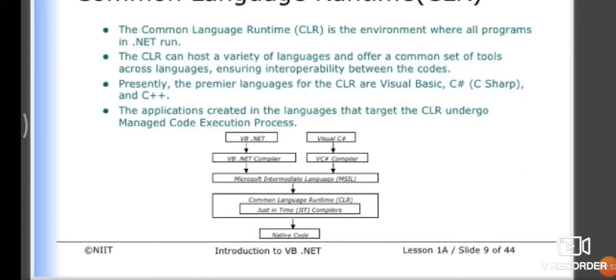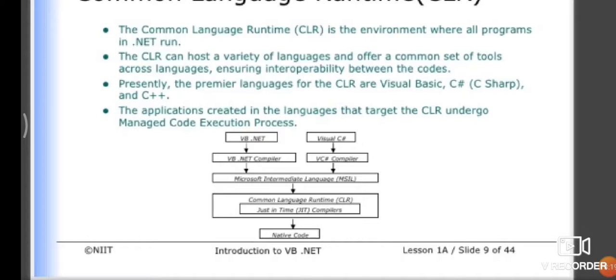What procedure does it follow? Suppose you are writing in VB.NET, then it goes into the VB.NET compiler. It interacts with the compiler system, meaning the compiler construction made inside Visual Basic .NET, and it is then passed to the MSIL, meaning the common intermediate language. Here we can see that translating is done.